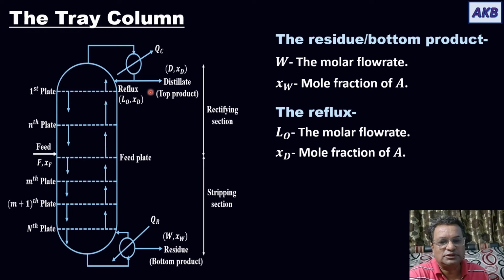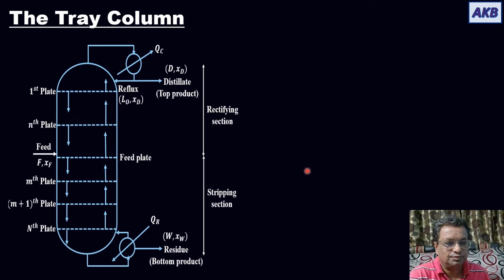You can notice the mole fraction of A in the distillate and the mole fraction of A in reflux are the same, because over here there is simple flow division, and that involves no composition change.